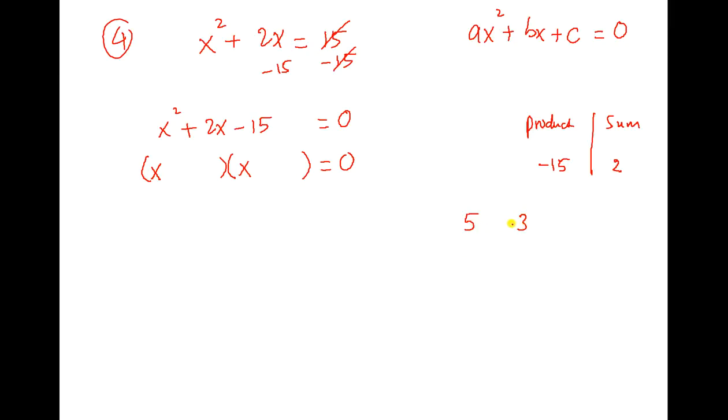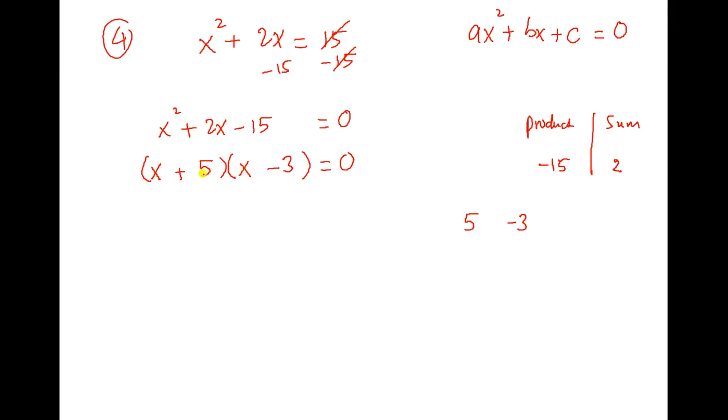So let's say we have minus 3 and 5, so 5 multiplied by minus 3 gives me minus 15, and 5 added to minus 3 gives me positive 2. So these are the two numbers that we need. So I go ahead and plug in 5, this is plus 5, and the other one is minus 3. So this is how we factor the quadratic equation into two factors.